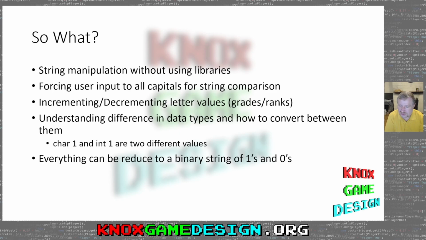And just be aware that basically everything can be reduced down to a series of ones and zeros in a computer program. Whenever you compile your program, that's one thing I wanted to do: look at the code and dig in with a hex editor and see those characters. But I didn't get around to doing that.